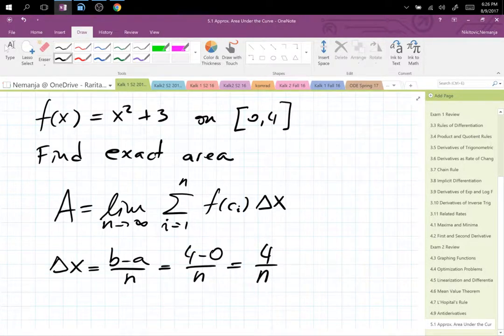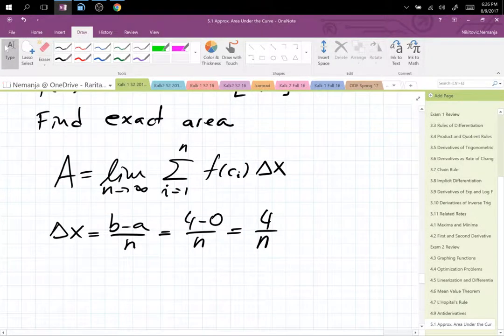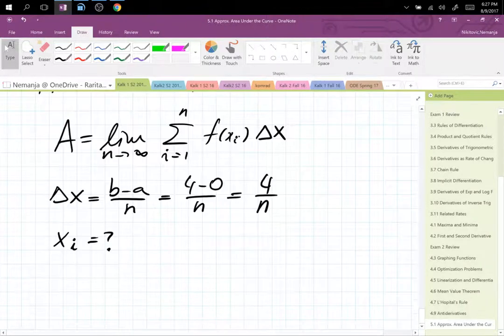The next part is for us to figure out this xi. So what's xi? Xi is every single number in the mix. And how many do we have? We have infinitely many. So now, let's discover what is the formula for xi.